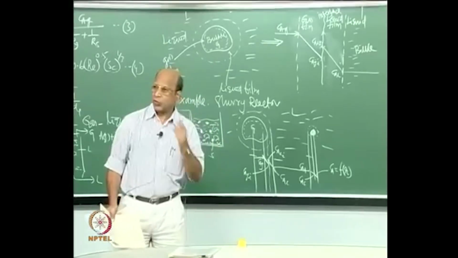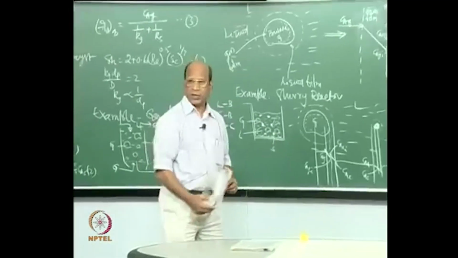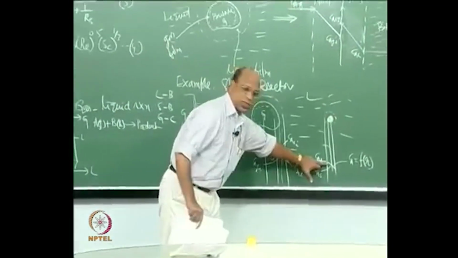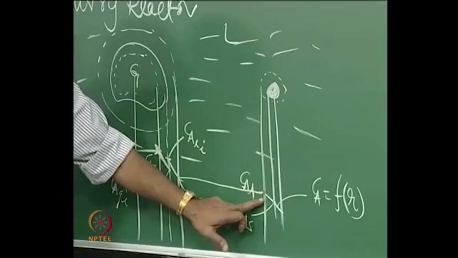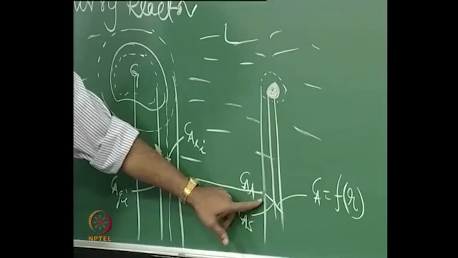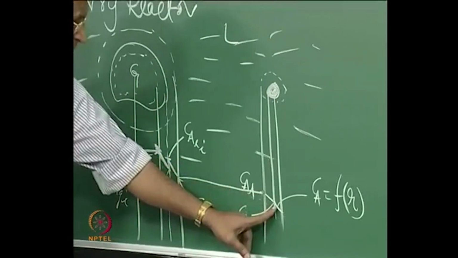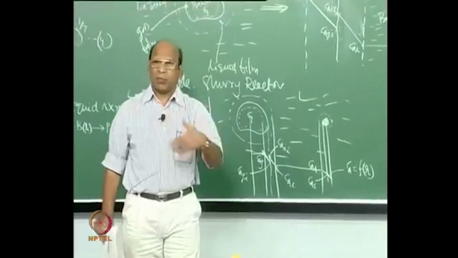Stirrer also will help the solid particles not to settle. So, that is why we will create sufficient mixing. So, this concentration is almost the same throughout the liquid. Then it goes to the surface of the solid, the film surrounding the solid, that is CAL. Then from there it goes to the surface CAS.